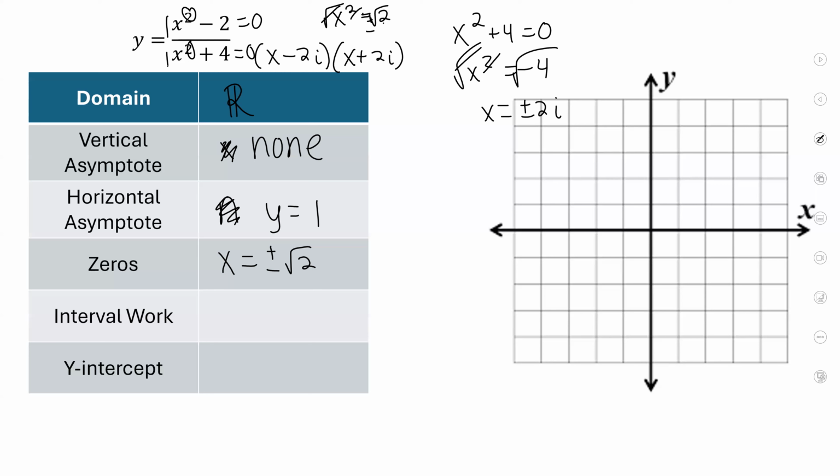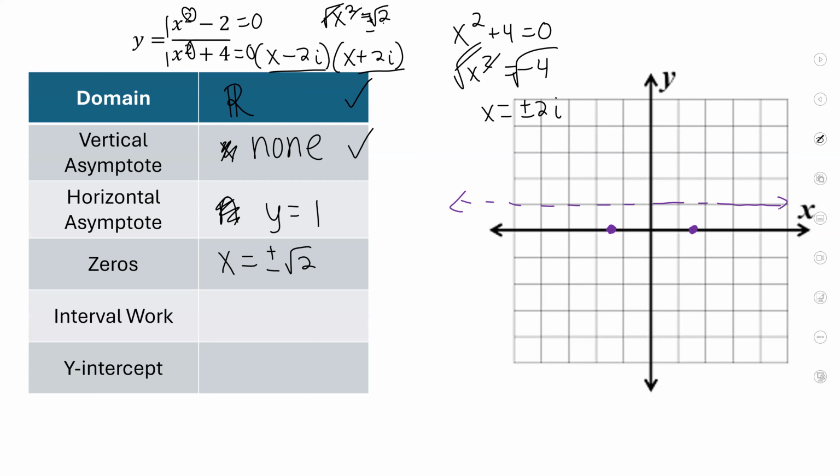Okay, so guys, if you get imaginary numbers, we're not doing imaginary numbers. So just put none for the vertical asymptote, and your domain will just be all real numbers. So let me graph this for you. Square root of 2 is about 1 point something, so it'll be here. Your horizontal asymptote is right here.